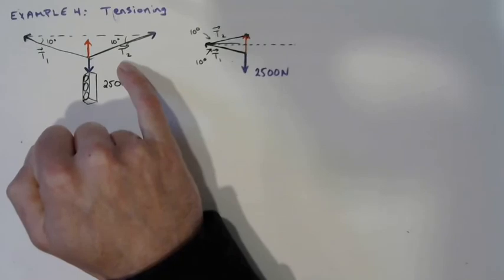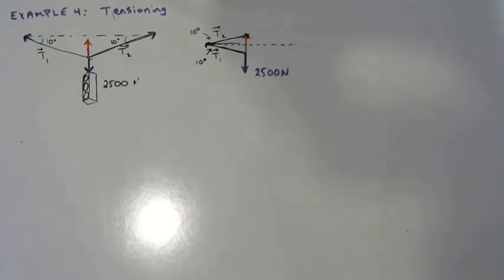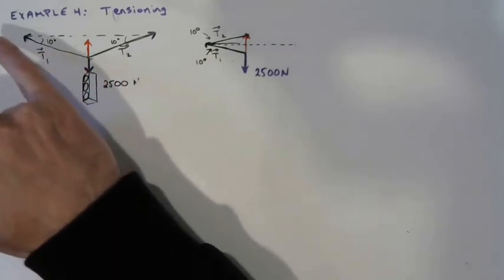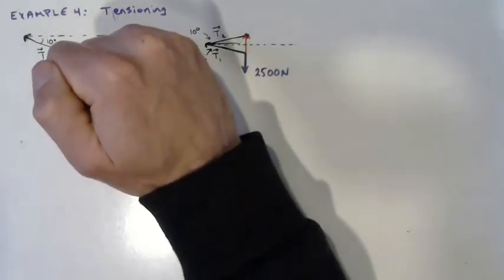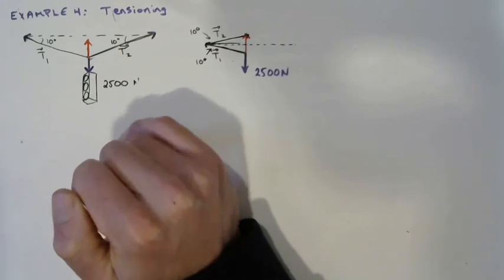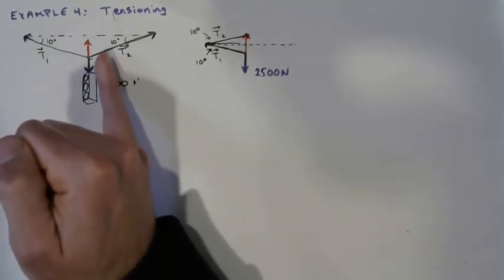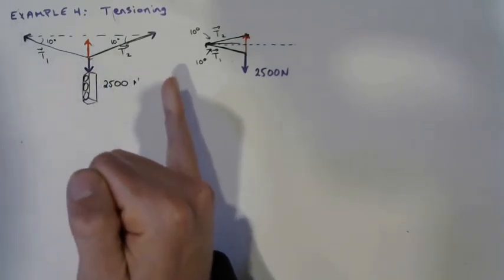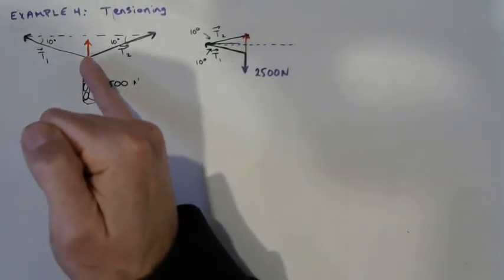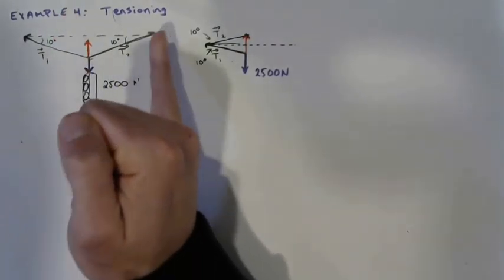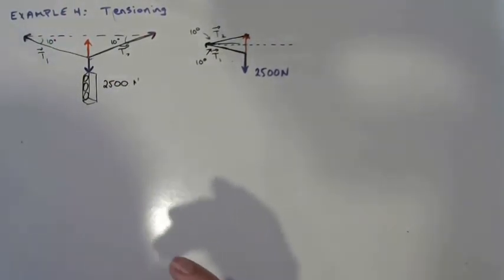We want to figure out the force of each of those wires, and they're heading at a strong angle, whereas this guy is pulling straight down. We know the upward force is 2,500, but the wires are going to be pulling much stronger than that because they're not pulling directly upward. They're pulling mostly outward, if that makes logical sense.